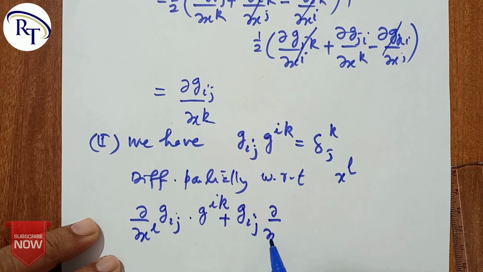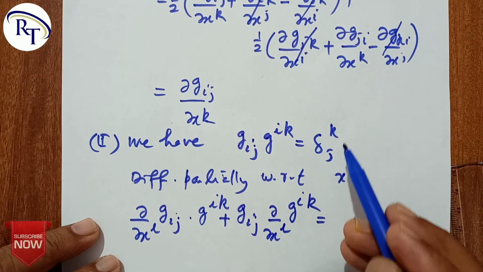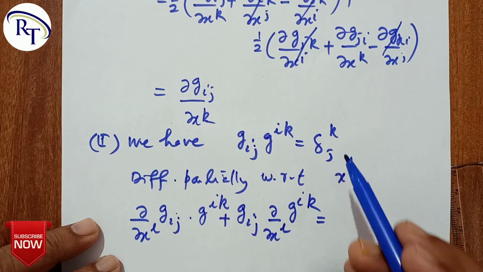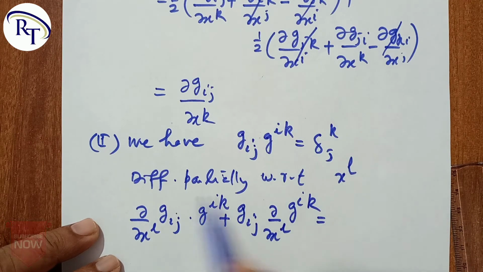On the right-hand side, the Kronecker delta is either 1 or 0, both constants, so the partial derivative of the right-hand side is 0.